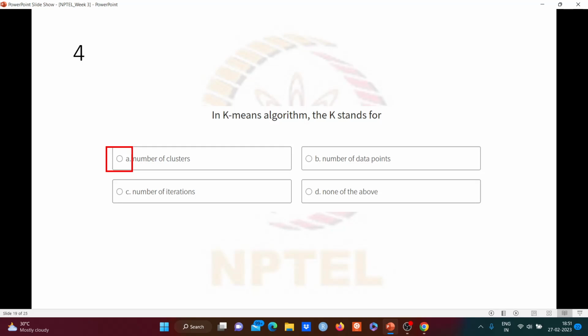So here the letter K stands for the number of clusters that the algorithm should create, and this is considered a hyperparameter that the user specifies when applying the algorithm to a particular data set. For example, if the user specifies K equals 3, the algorithm will try to find 3 clusters in the dataset, with each cluster containing data points that are similar to each other.